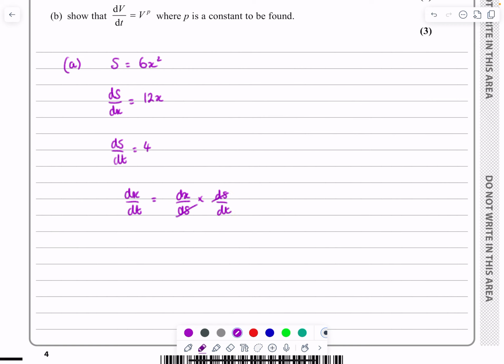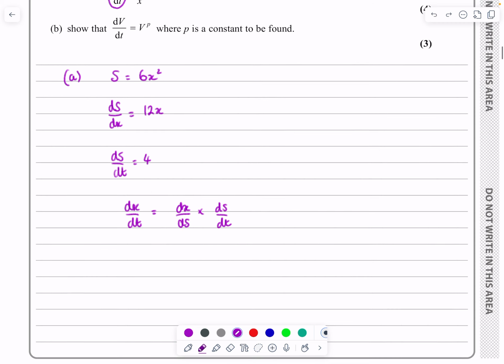If I cancelled those two, you'd see I'd be able to get dx by dt there. The only thing I need to be careful of is that I haven't got dx by ds. I've got ds by dx, but that's no problem at all. So dx by dt is 1 over 12x multiplied by my 4. In other words, that works out to be 1 over 3x here.